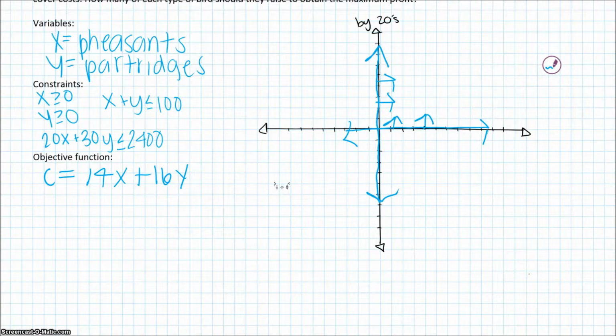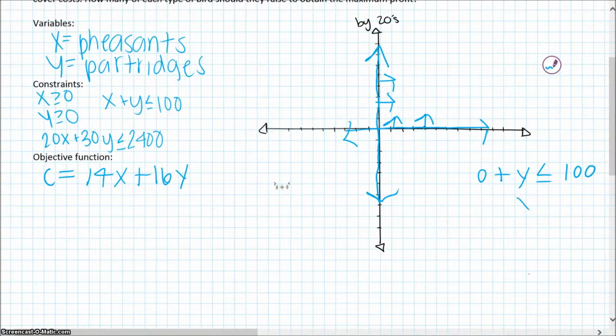And then next, we're going to do x plus y is less than or equal to 100. If we plug in 0 for x, it would end up being 0 plus y is less than or equal to 100, and so we get y is less than or equal to 100. So we go up to our y-axis and plot that, and since we're going by 20s, we're going to count 20, 40, 60, 80, 100 up and make our point. And if we plugged in 0 for y, we would get x is less than or equal to 100.